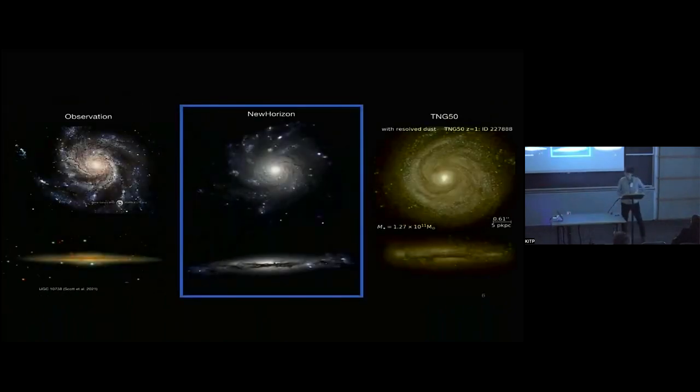All right, so a rough comparison. On the left, you have observing data, and the New Horizon and TNG50. So now finally, I think we can study the vertical structure of these galaxies, which was the main aim of the New Horizon simulation from the beginning.